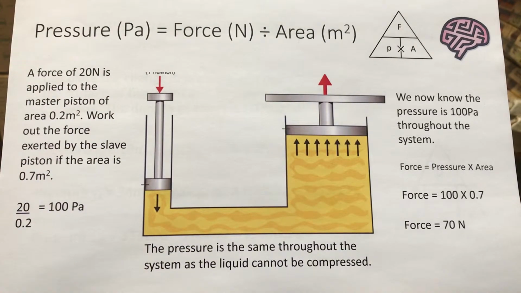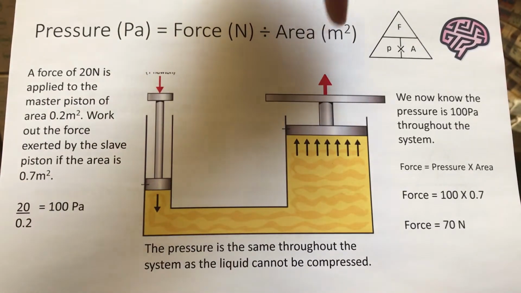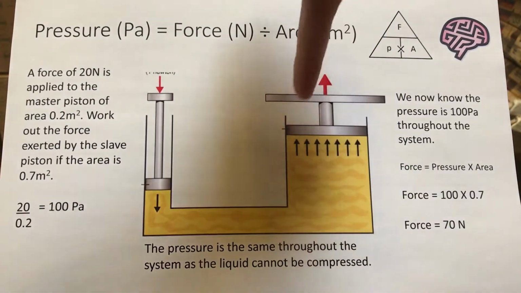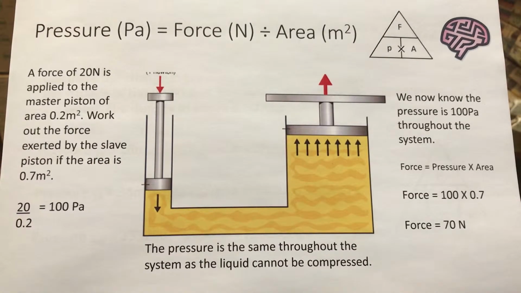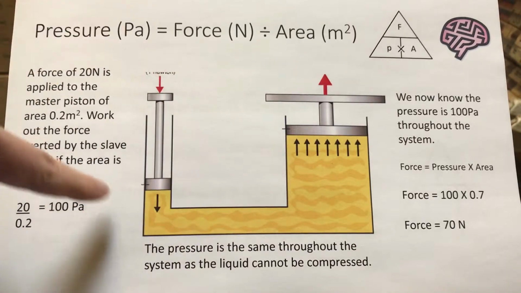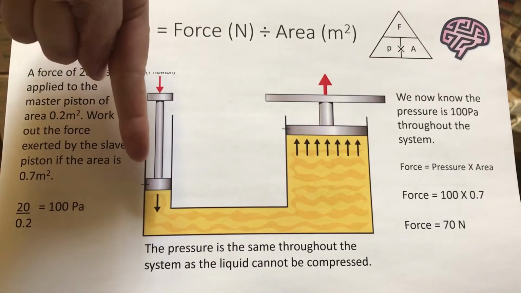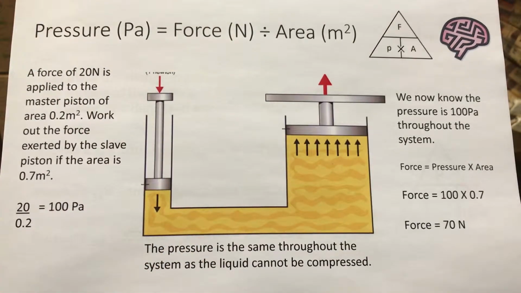And then we've been asked to find out the force exerted by the slave piston over here, knowing that the surface area of the slave piston here is 0.7 meters squared. So we've got to first of all find out the pressure here. We know we've got a force of 20 and a surface area of 0.2.